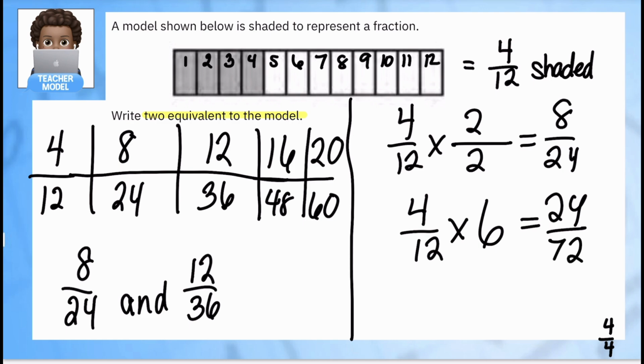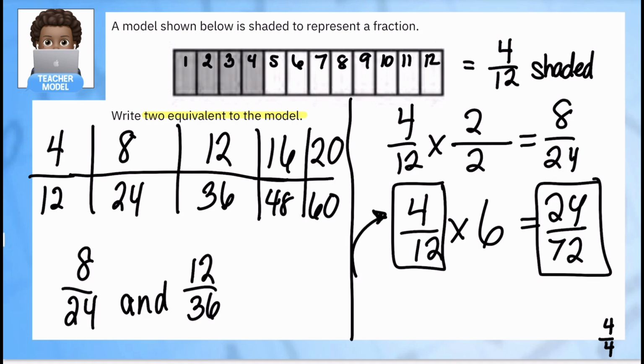And yes, these two fractions are equivalent, but my number sentence is wrong, because I'm not multiplying by 1. I'm multiplying here by 6. And I get it, in your head, you multiplied both of them by 6. So I know in your head you actually went straight across. But when you write it this way, mathematically it's incorrect, because I would have 6 over 1. And so I wouldn't get that number.